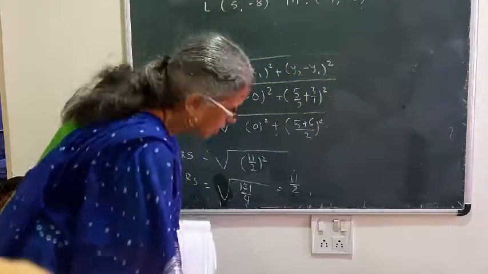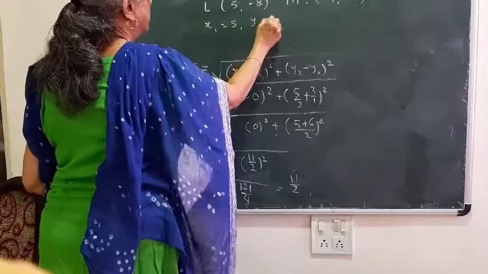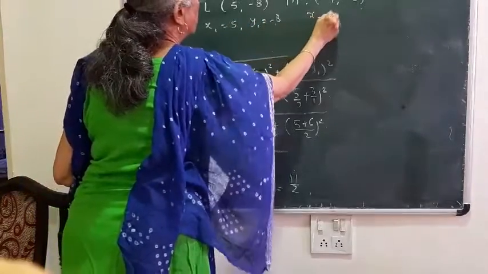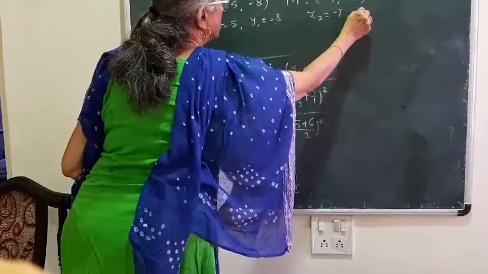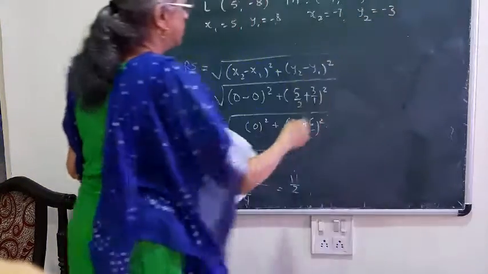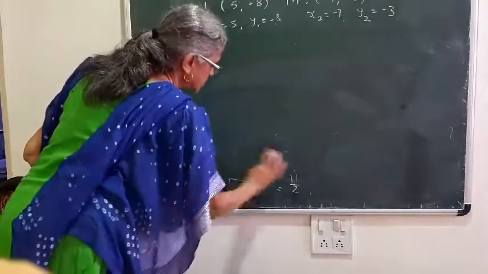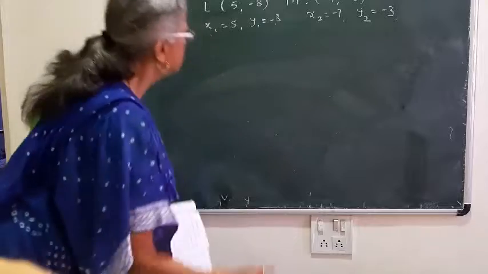Again we are going to write x1, y1, x2, y2, that is coordinates of M. Then we are going to write LM. Again we are going to write the distance formula. These sums are very easy to do.